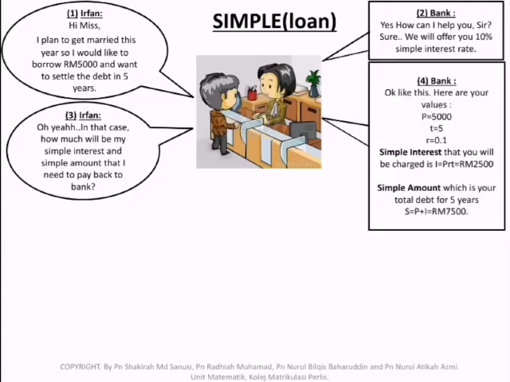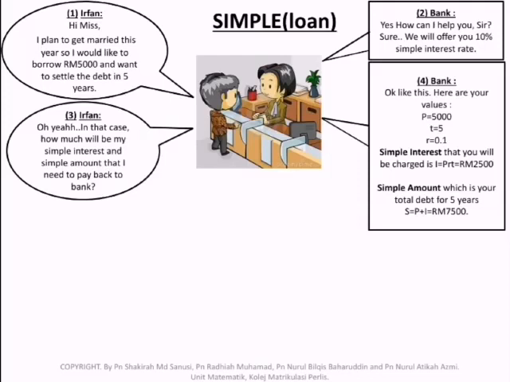Okay, like this. Here are your values. Your P, which is your principal value, is RM 5,000 ringgit. And then your T, which is 5 years. Your simple interest rate, R, equal to 0.1. So, the simple interest that you will be charged is capital letter I equals to P times R times T, which will be 2,500 ringgit.